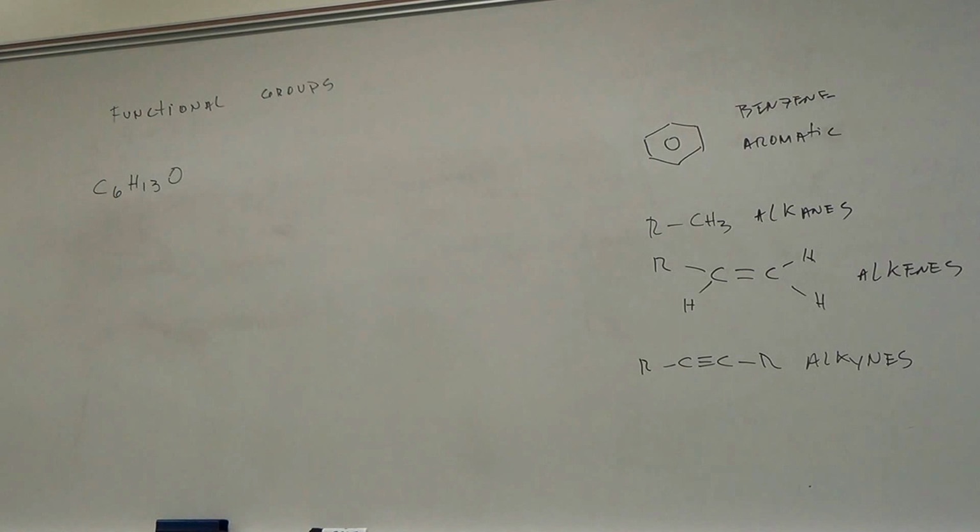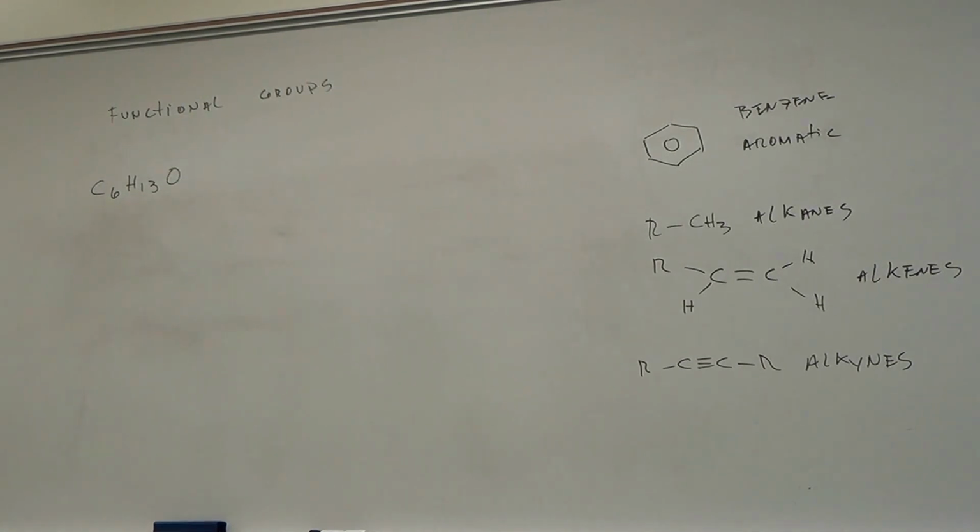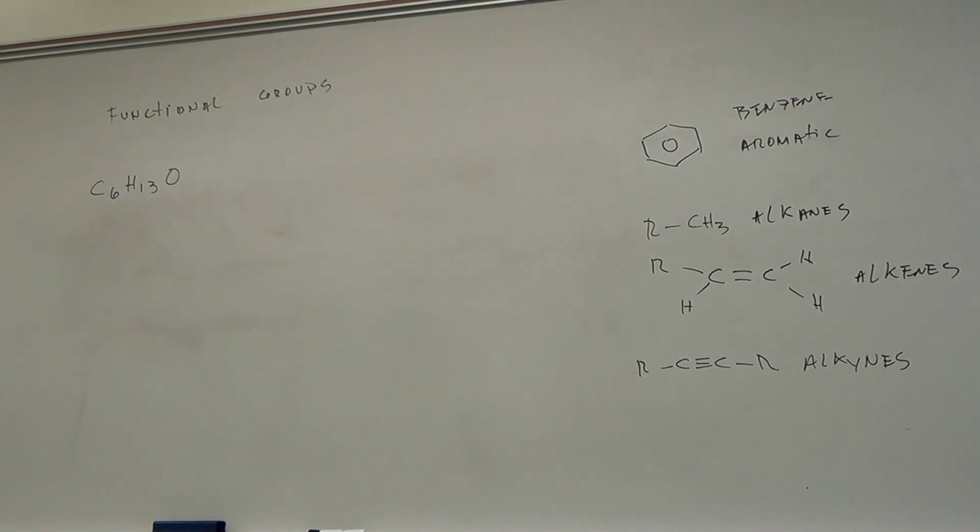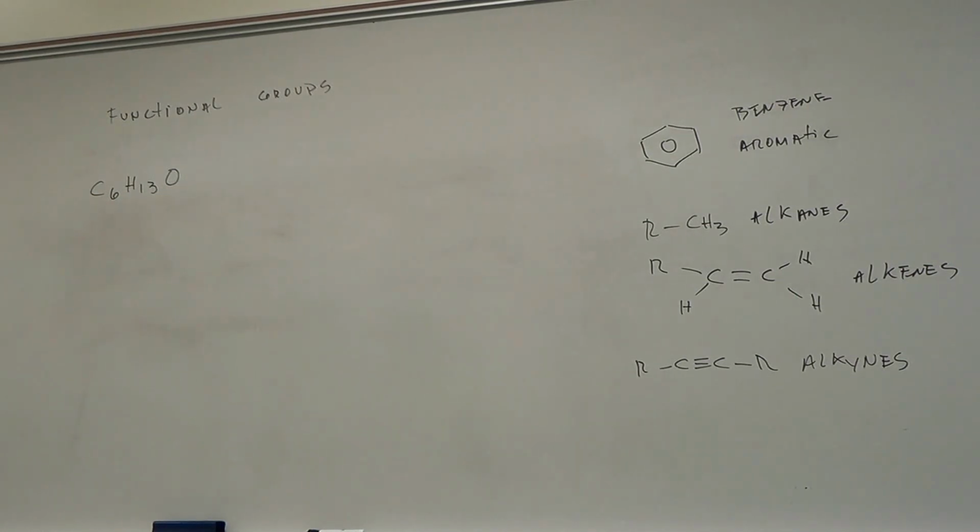Try to do constitutional isomers with that and see how many you can come up with. What did we have today? C6H14. Try to do some constitutional isomers with that.